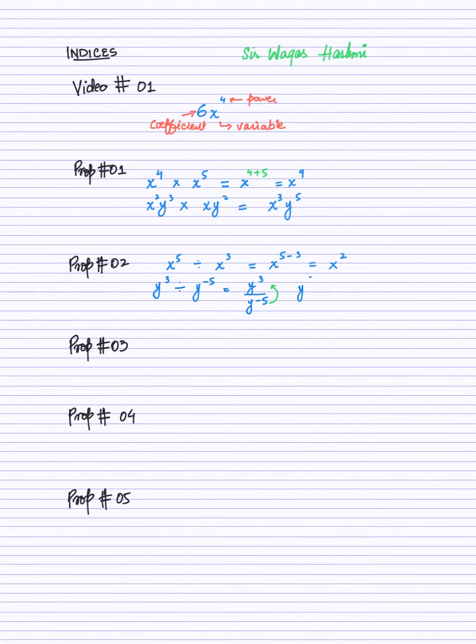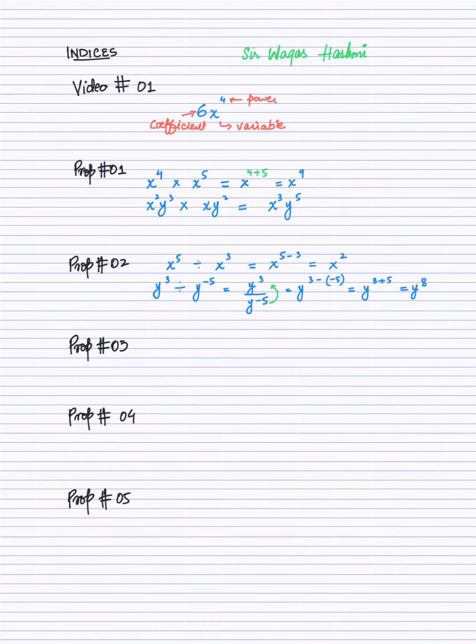It will be y to the power 3 in the numerator minus, because of the division sign, minus 5 the power in the denominator. So now it will be y to the power 3 plus 5, which implies y to the power 8. So if you have a negative power, it changes its sign when you shift it to the numerator, and it will be an addition.